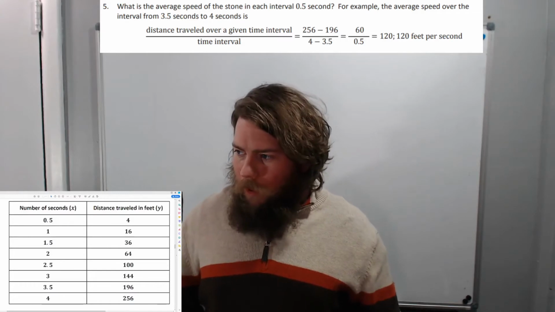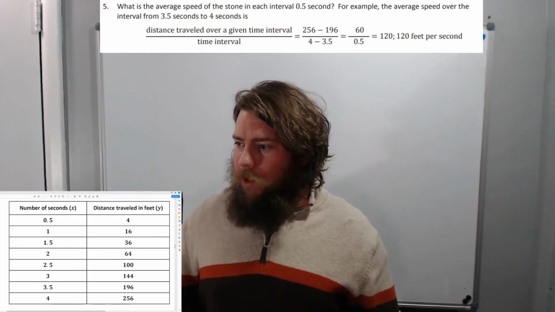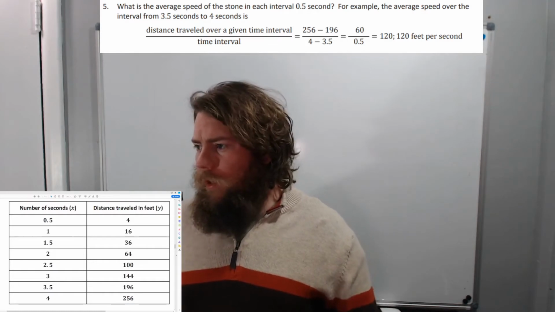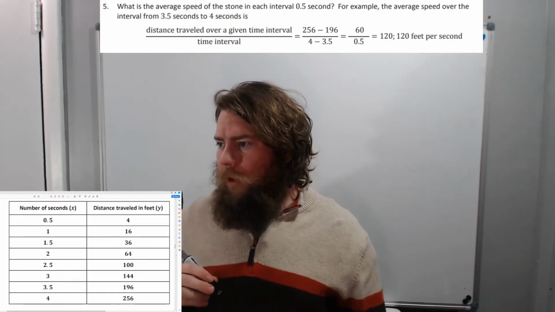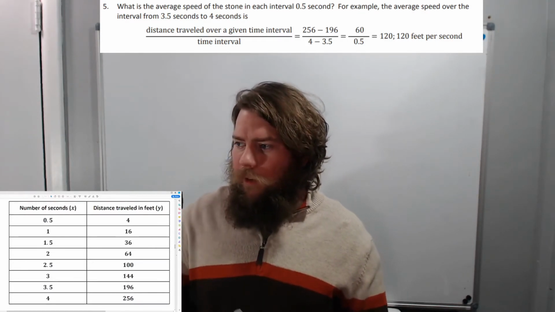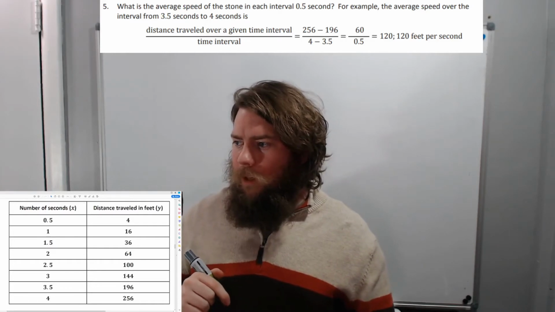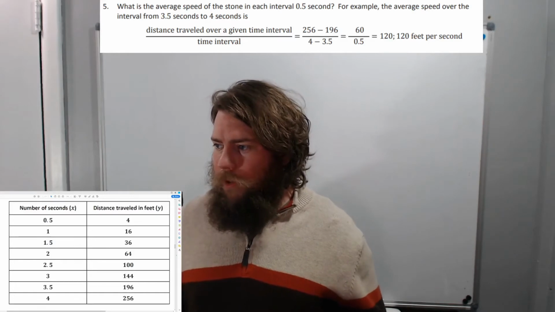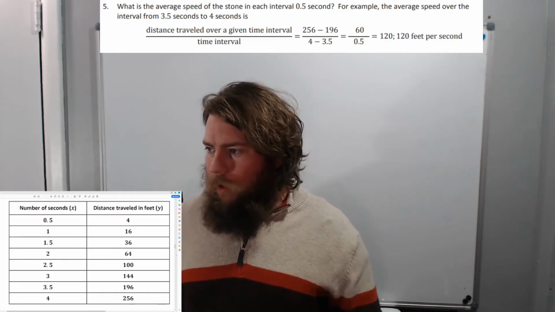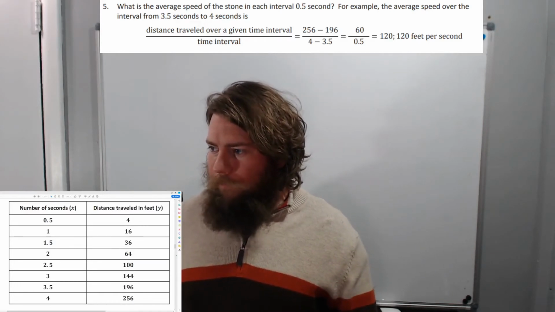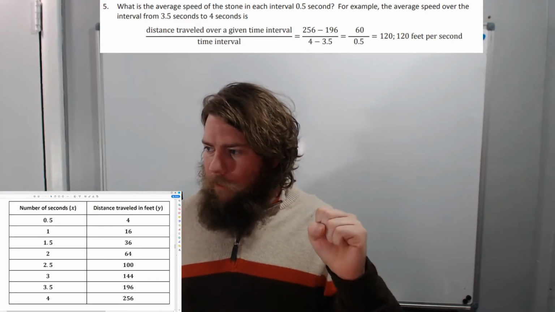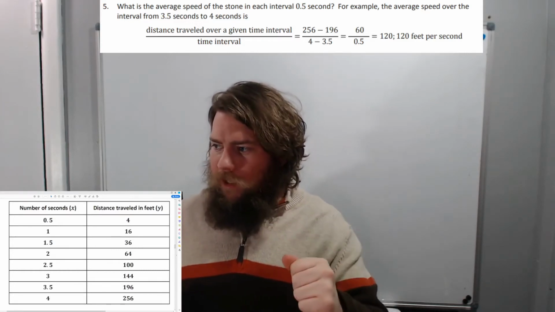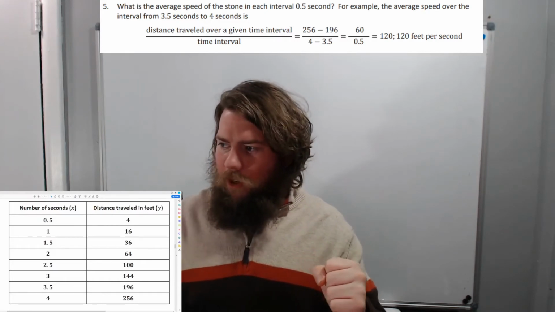But how we're finding that distance is just like we did in number 3. We take the distance that it had traveled at 4 seconds and we subtract off the distance that it had traveled at 3.5. So 256 minus 196 divided by the ending time minus the starting time.